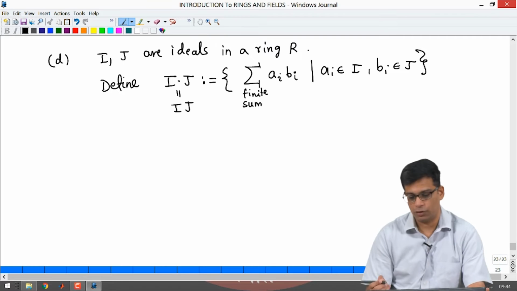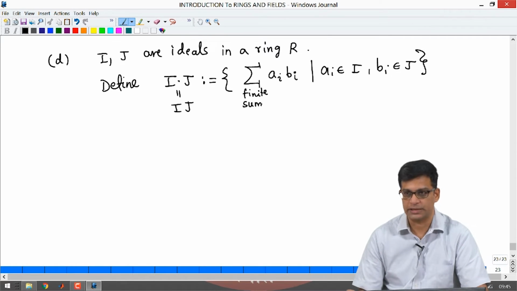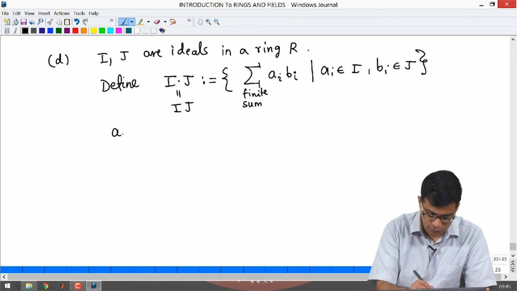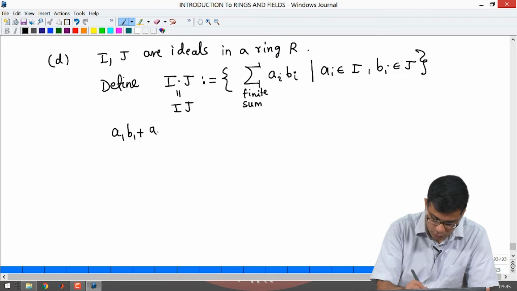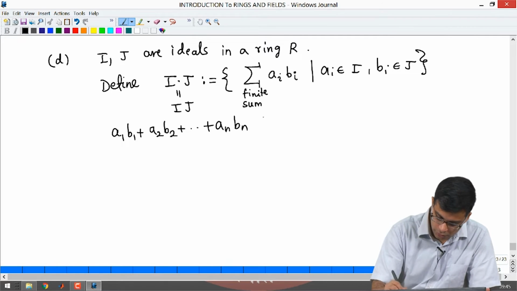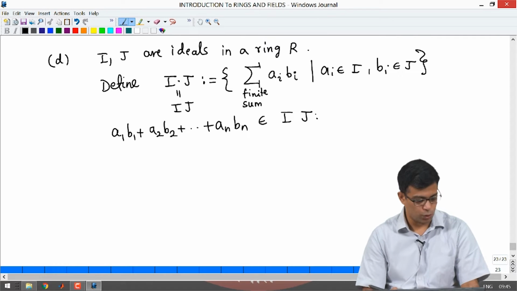Obviously, we want to take only finite sums, because we can only add finitely many elements at a time. So, for example, things of this form: a_1 b_1 plus a_2 b_2 plus up to a_n b_n, these are elements of IJ.